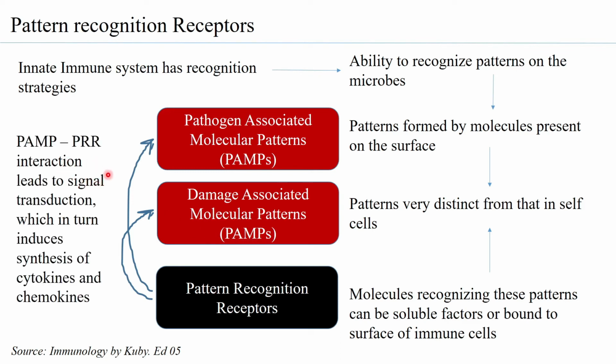The interaction of the pattern recognition receptor and the pathogen associated molecular patterns leads to signal transduction, which in turn induces synthesis of cytokines and chemokines. And we all know that cytokines and chemokines can activate a range of immune cells and molecules.